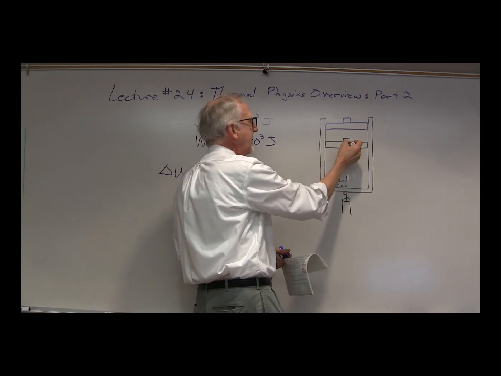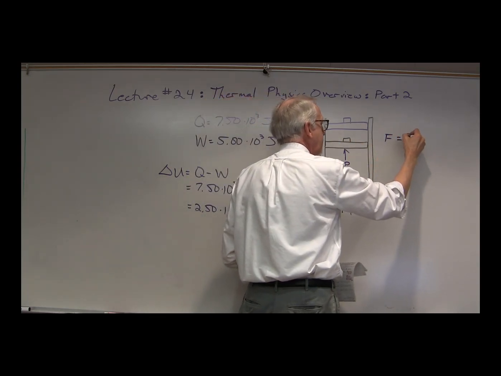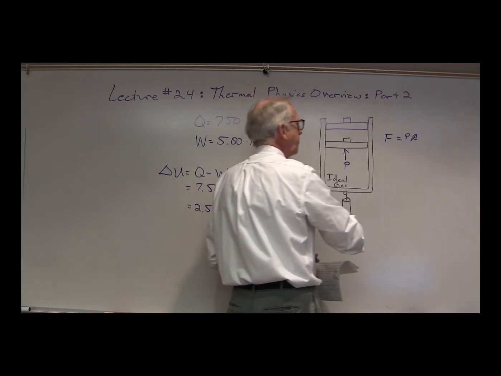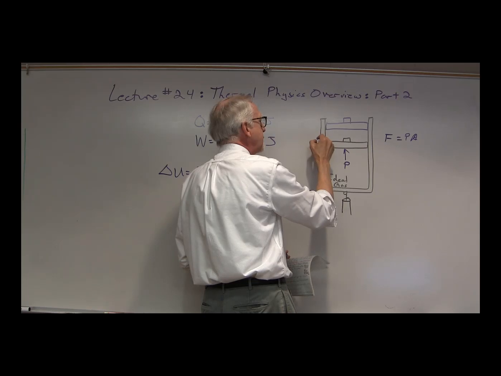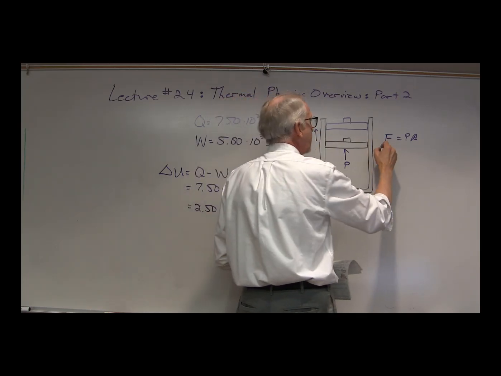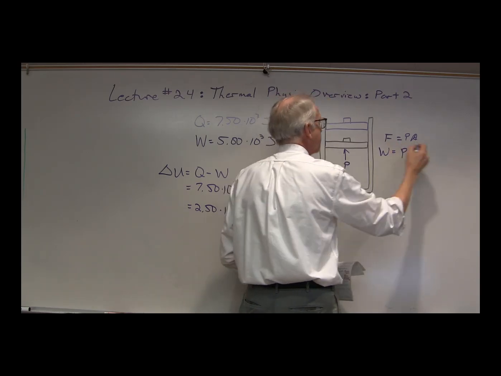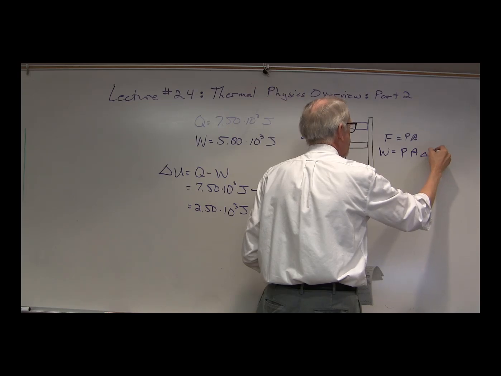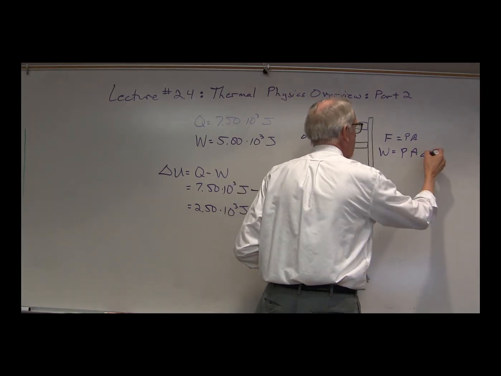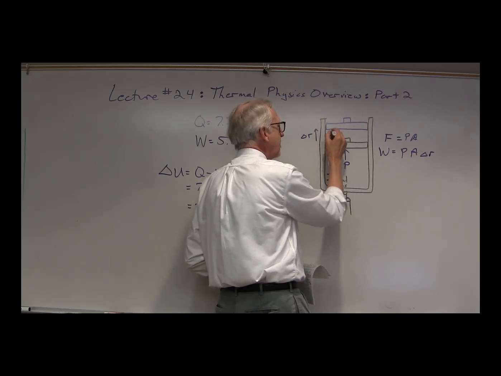And the work will be the force, which is the pressure times the area. We'll call this the cross-sectional area here. And the displacement here, some delta r. So the work will be the force, the pressure times the area, times the displacement delta r, lowercase r, sorry, I wrote delta R. But what is the area times this distance?